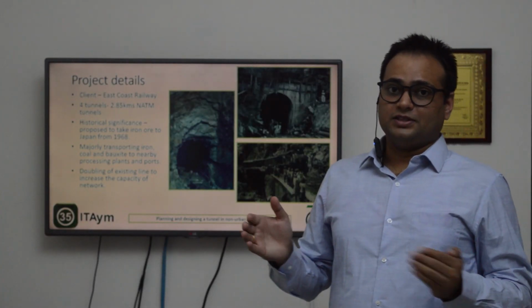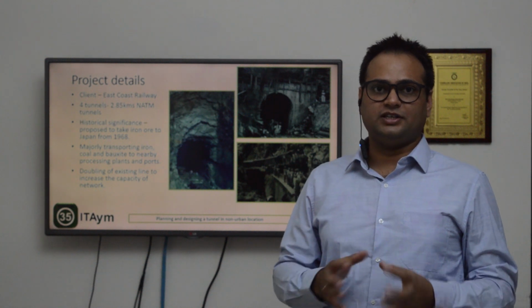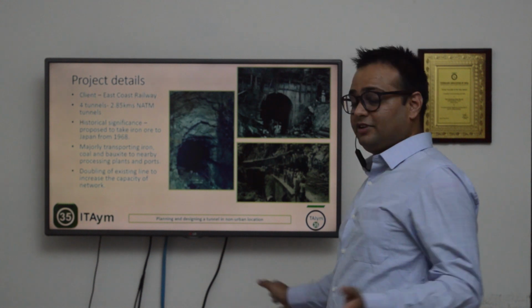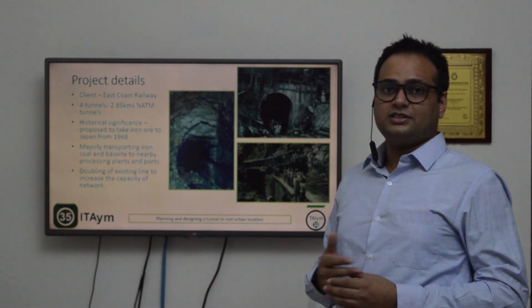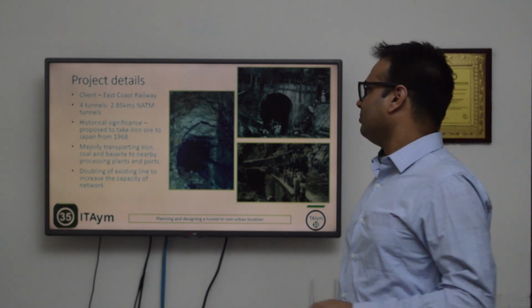Although the link was never able to reach Japan, it is now serving the industries in this region. So we are planning 4 tunnels in this section, which are approximately 3 kilometers long.